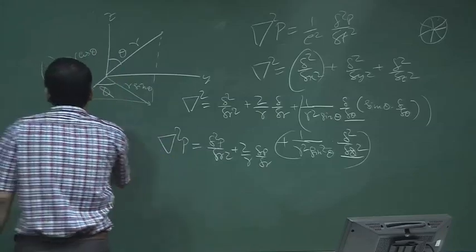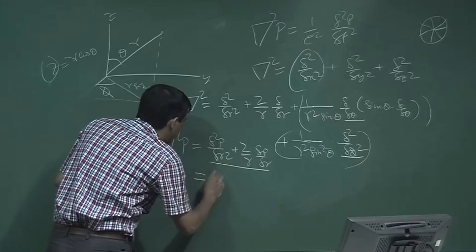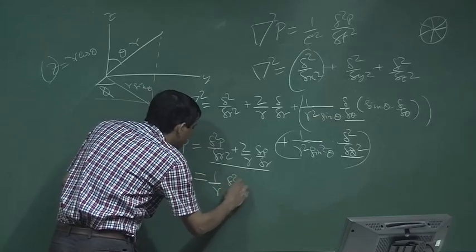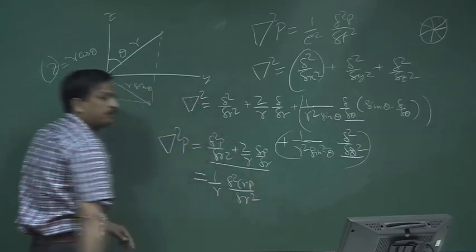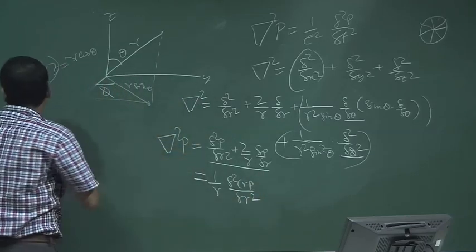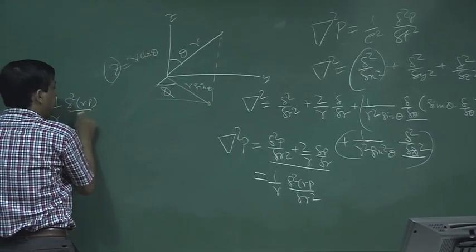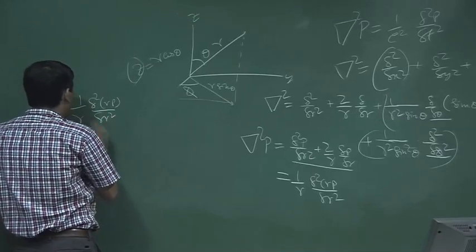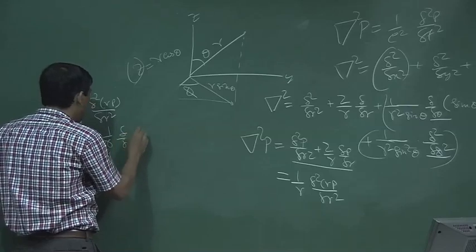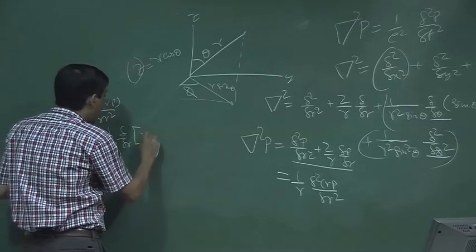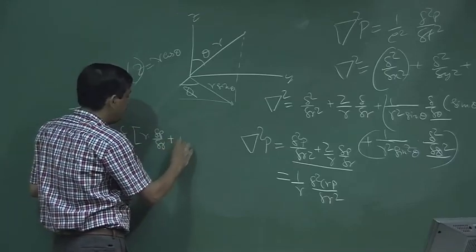Now, this term can be written as 1 by r del square of rp divided by del r square. I can prove it. Let us write 1 by r del square rp divided by del r square. This is 1 by r del by del r of r del p by del r plus p.